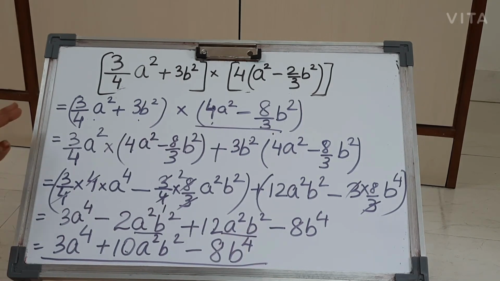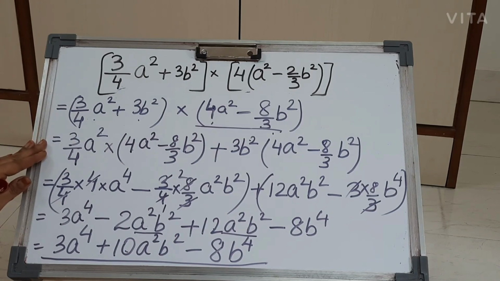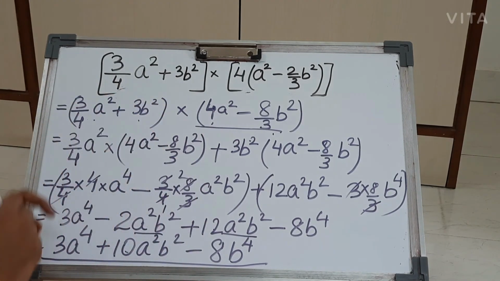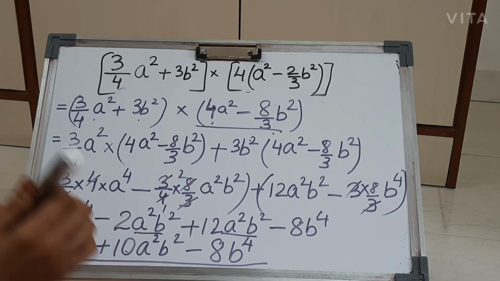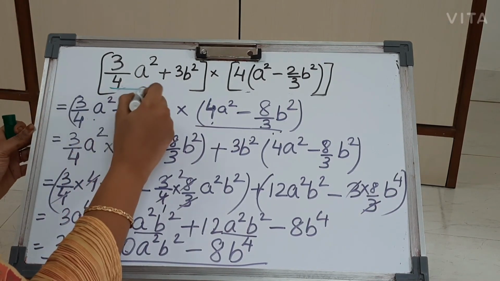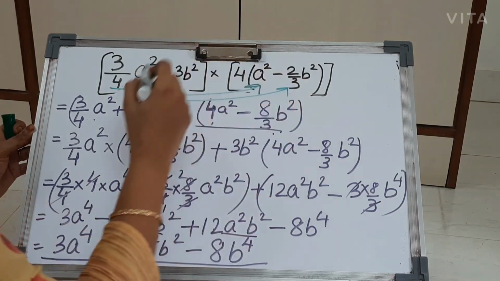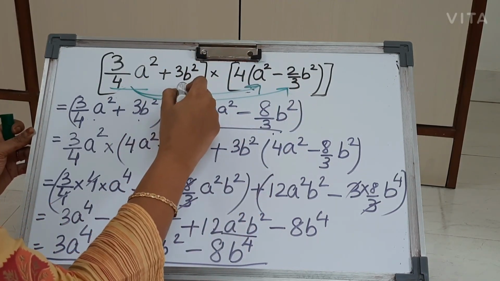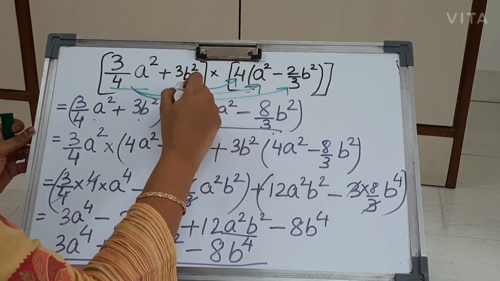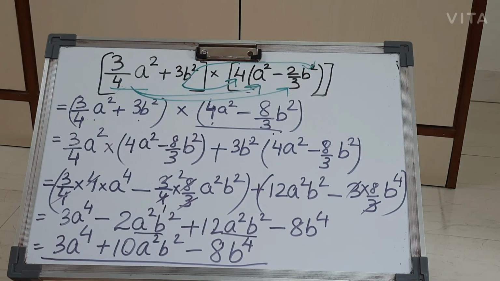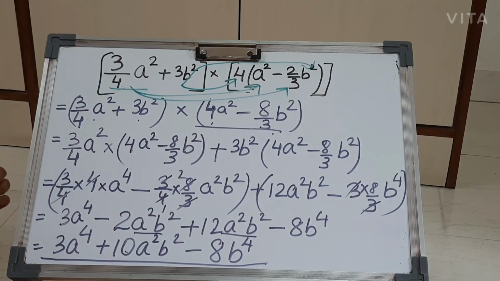I did the same thing; the only difference is I wrote one more step. But basically, when we multiply this type of binomials, we take the first term and multiply with this, again the first term with this, then the second term with this, again the second term with this. So this is the way we are going to solve the binomial.